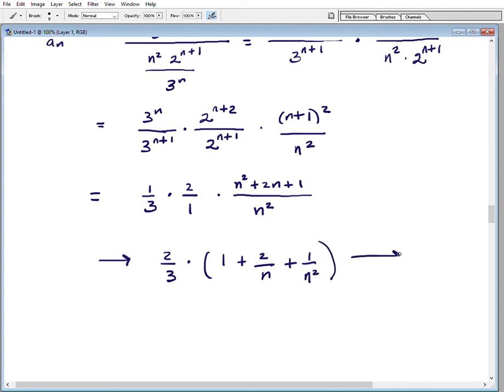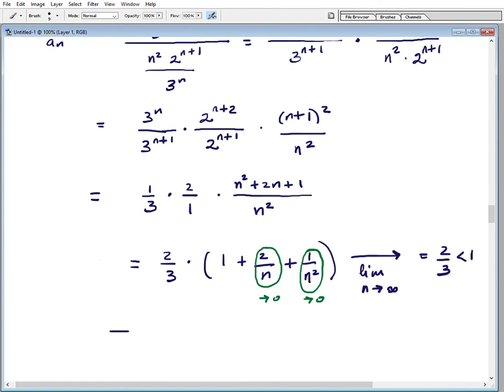Now we're ready to take the limit. Actually, this previous one was just an equal sign, still no limit yet. Now I'm drawing an arrow because we're ready to take the limit as n goes to infinity. And we get 2/3, since these two go to 0. So we got 2/3, which is less than 1.